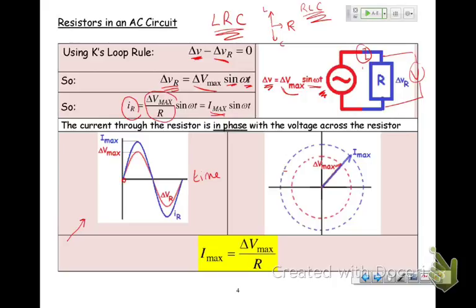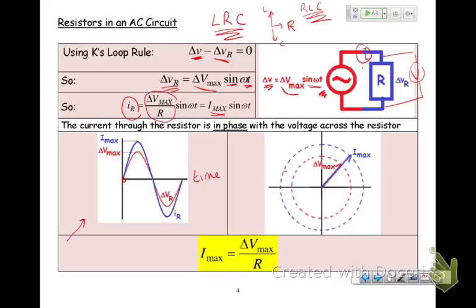And again, I can say, well, hold on, my I max is equal to omega C delta V max. So this looks a bit like a resistance term.